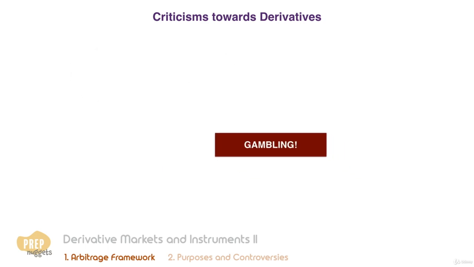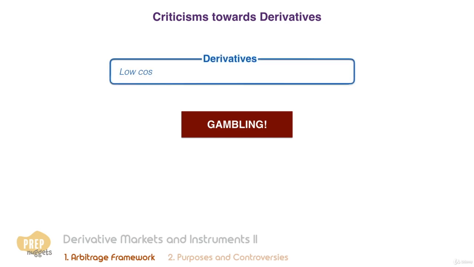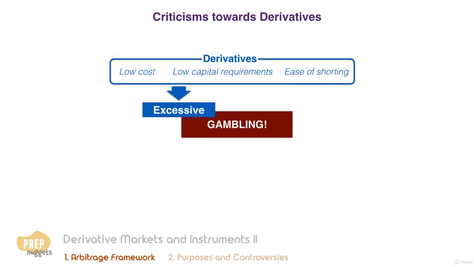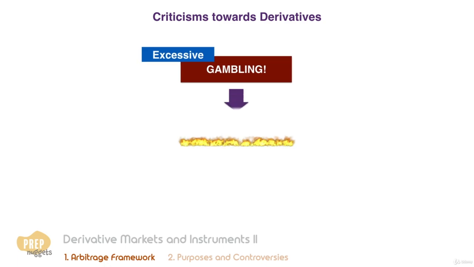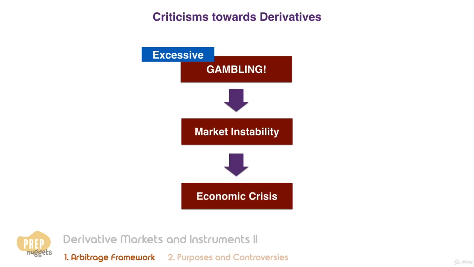Some take the gambling argument even further, claiming that it has destabilizing consequences. Opponents of derivatives claim that the very benefits, like low cost, low capital requirements, and ease of going short, result in an excessive amount of speculative trading. This can bring instability to the market. Defaults by speculators can then lead to defaults by their creditors, and the resultant instability can spread throughout the markets and economy.